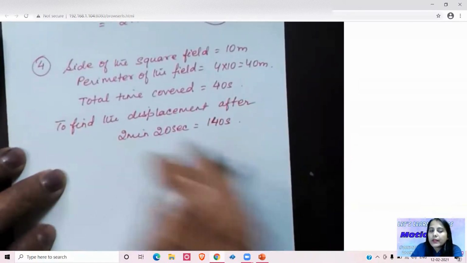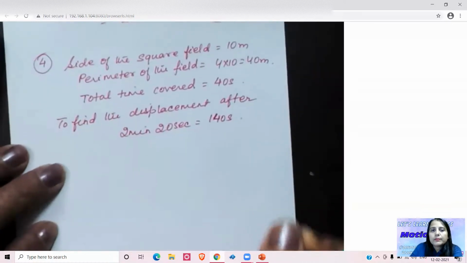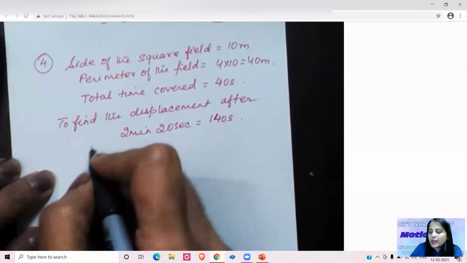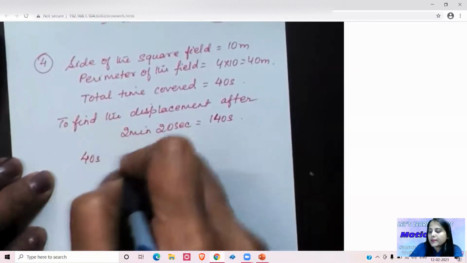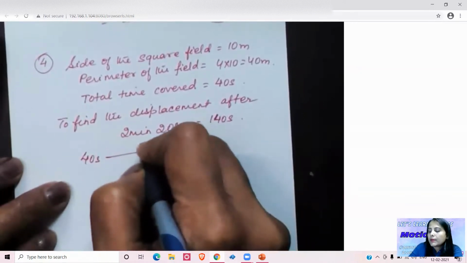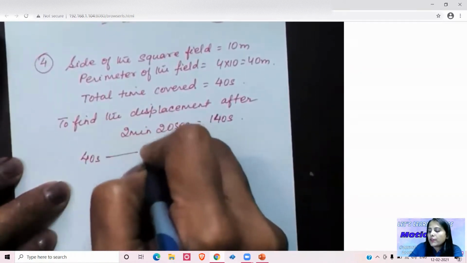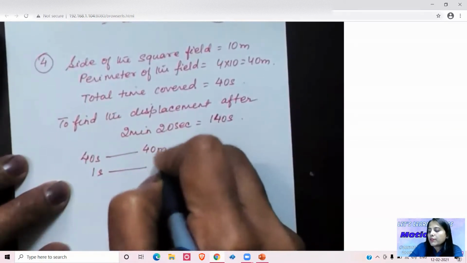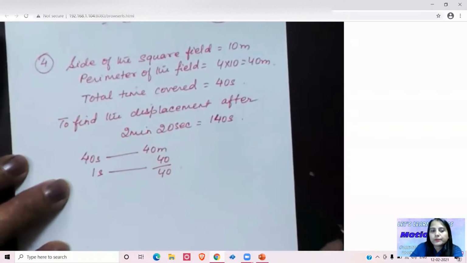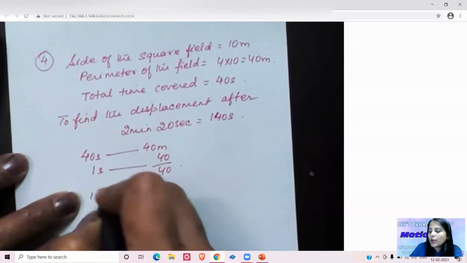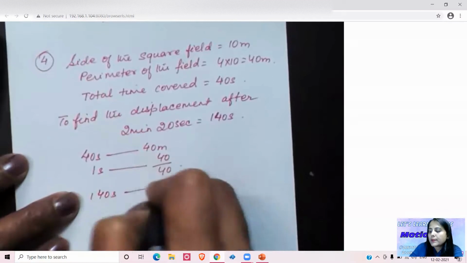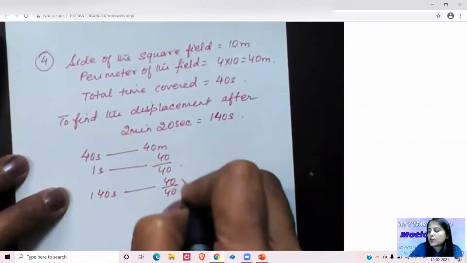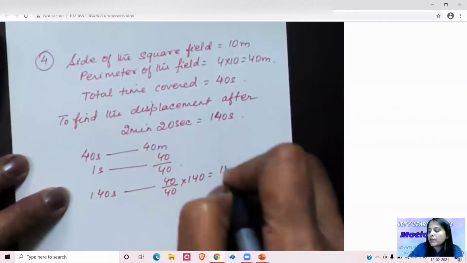Now, we will have to use our junior class concept, that is unitary method. For 40 seconds, it took 40 seconds to cover 40 meter. In 1 second, one will cover 40 by 40. Now in 140 seconds, one can cover 40 by 40 into 140, that is 140 meter.